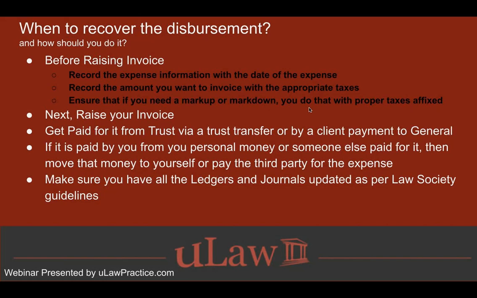That is the third point you're seeing on the screen in front of you, which means after you raise an invoice, get paid for it from trust via trust transfer or by a client payment to general account. This could be both the things. Either the client could pay you for the disbursement into your general account, or if there's money lying in trust, you could invoice your client for this amount and transfer the money from trust to general.